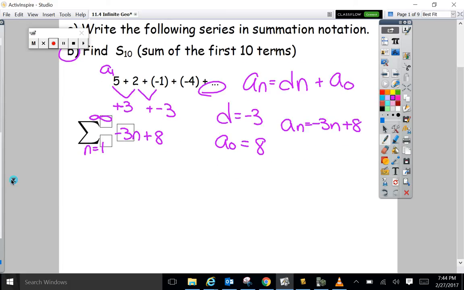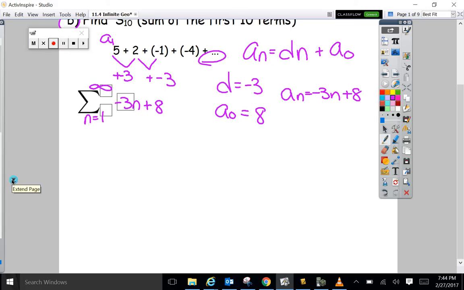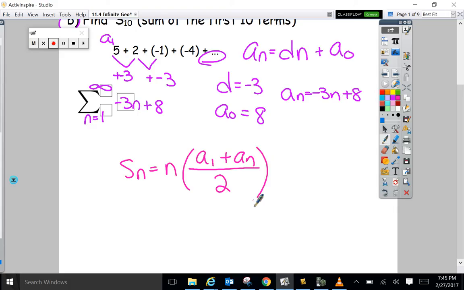For part B, finding the sum of the first 10 terms, we need to use the formula S sub n equals n times (a sub 1 plus a sub n) divided by 2, where n represents the number of terms we're trying to find.